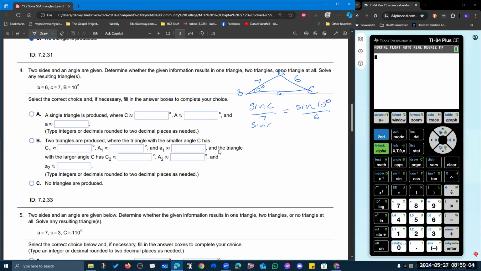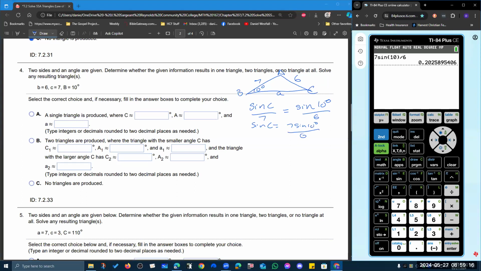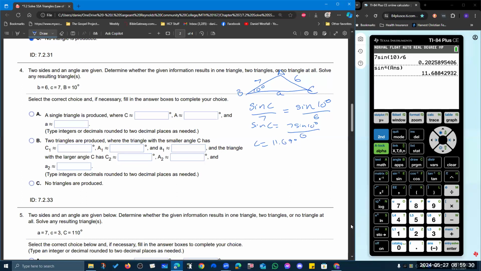So sine of C equals 7 sine of 10 over 6. Let's see what that 7 sine of 10 over 6 is before I get too far. Okay, that's within the values that I can take the arc sine of. So let's do that and say that C equals 11.69 degrees.